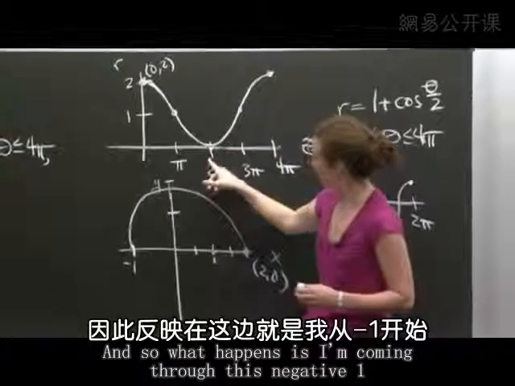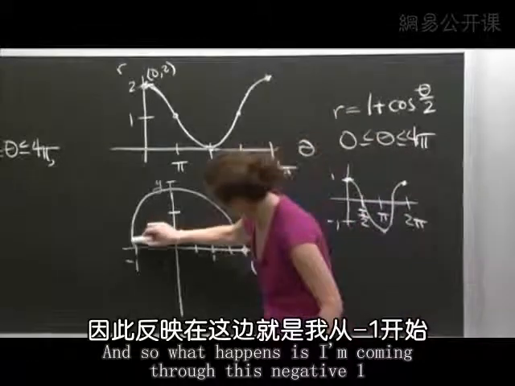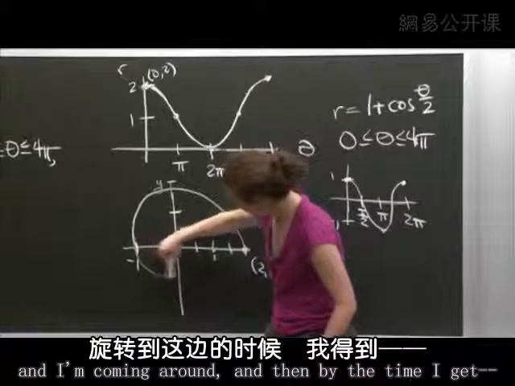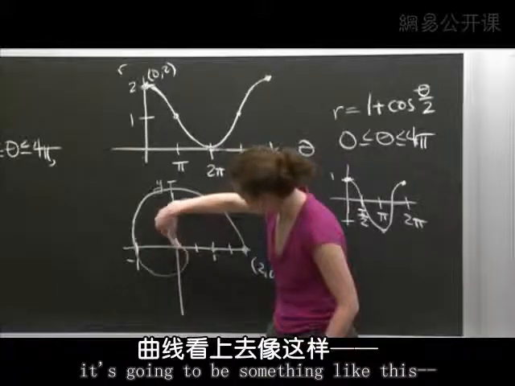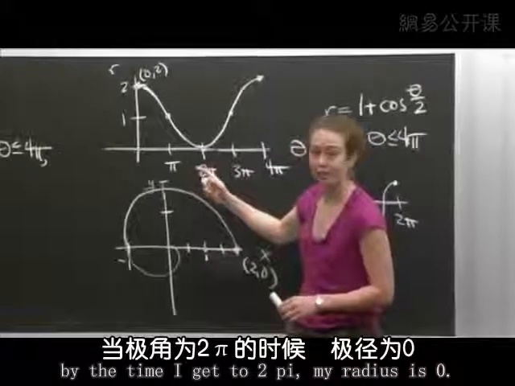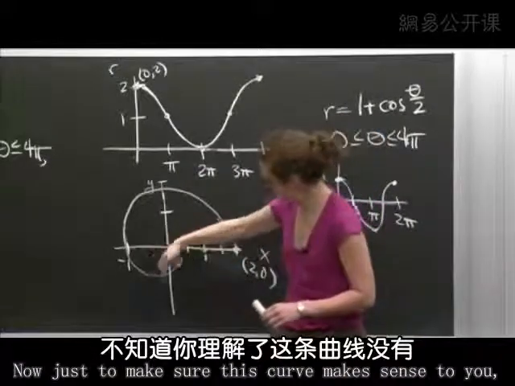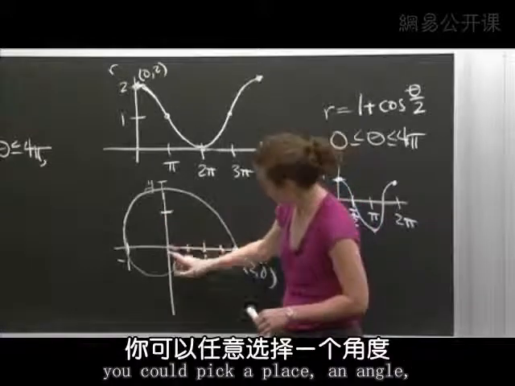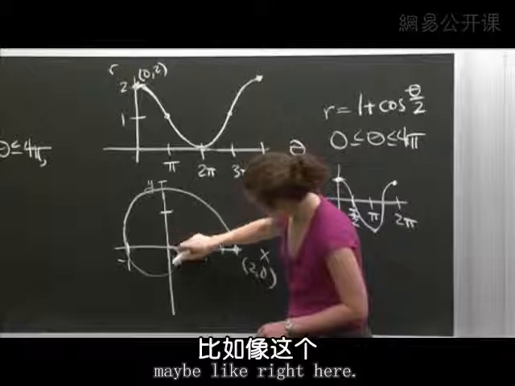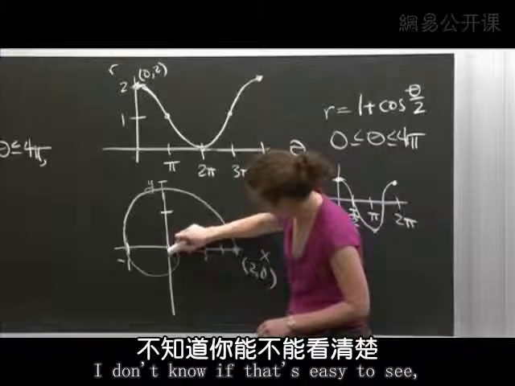And so what happens is I'm coming through this negative 1, and I'm coming around, and it's going to be something like this. By the time I get to 2 pi, my radius is 0. Now, just to make sure this curve makes sense to you, you could pick an angle maybe like right here. I don't know if that's easy to see, but maybe that angle right there.